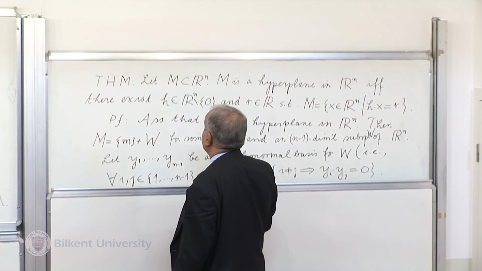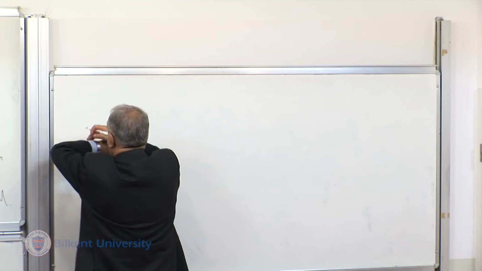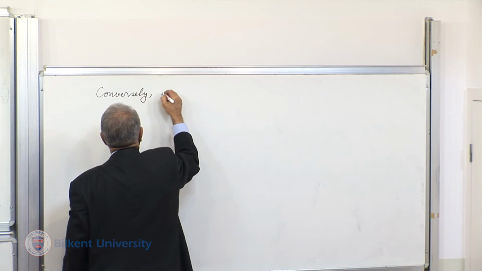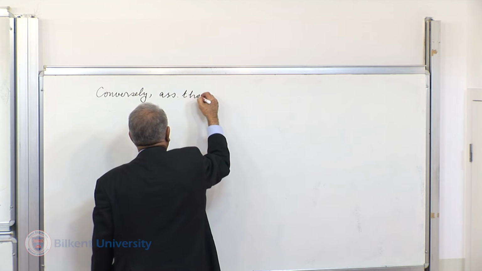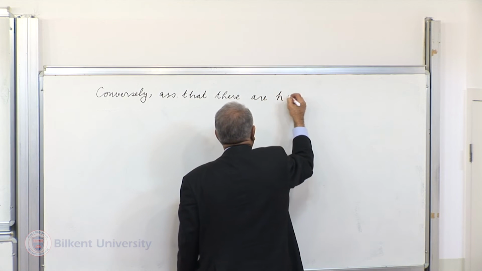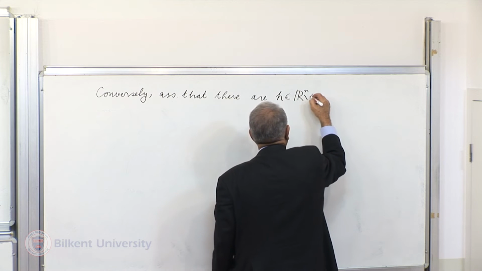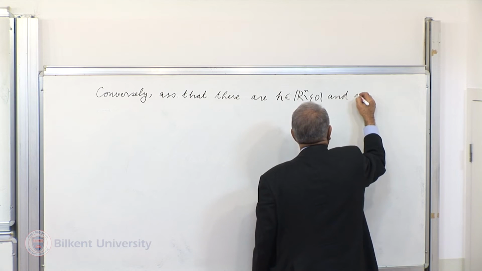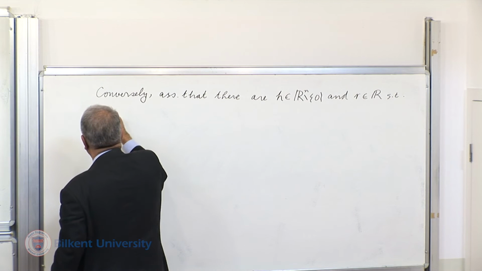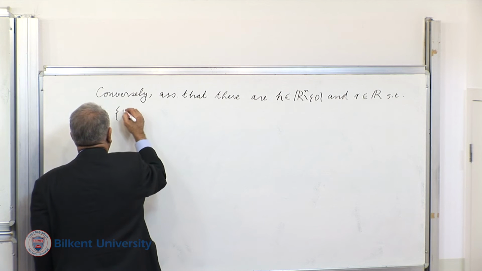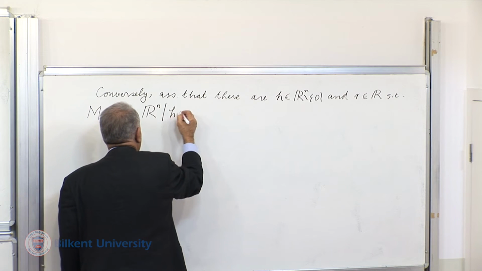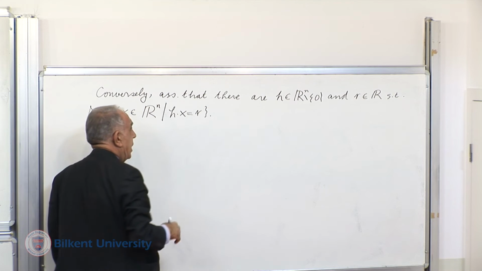Well then, conversely, assume that there are a non-zero vector h in Rn and a real number r such that capital M is equal to the set of x in Rn such that h dot x is equal to r.